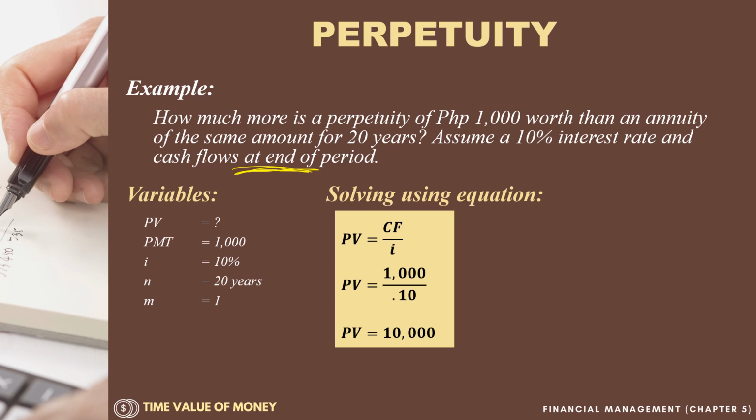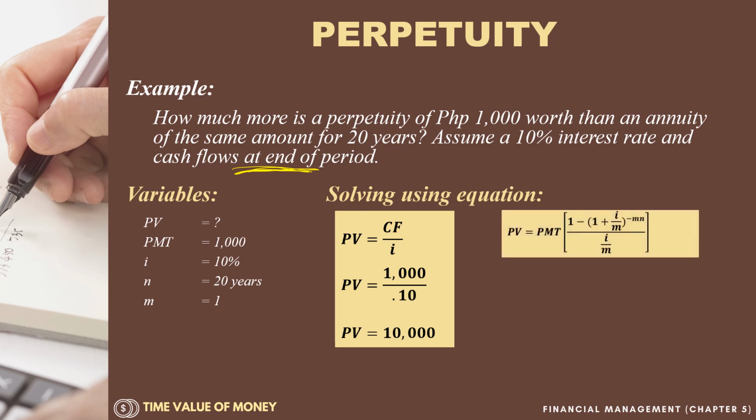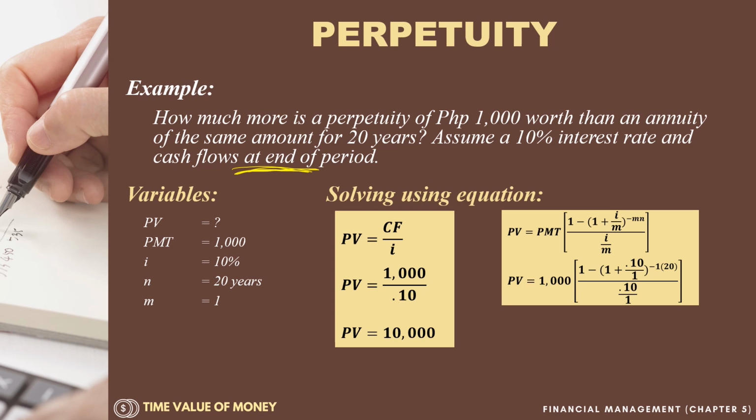Now let's solve for the annuity. Again, what is the equation for the ordinary annuity for the present value? That is payment multiplied by 1 minus (1 plus I over m) to the power of negative m times n, all over I over m. Translated into figures, that is 1,000 multiplied by 1 minus (1 plus 0.10 over 1) to the power of negative 1 times 20, all over 0.10 over 1.